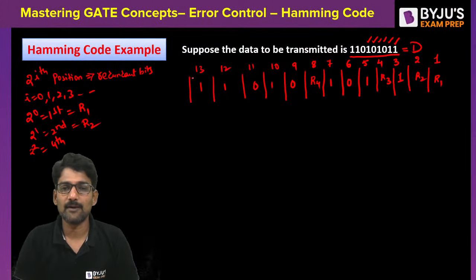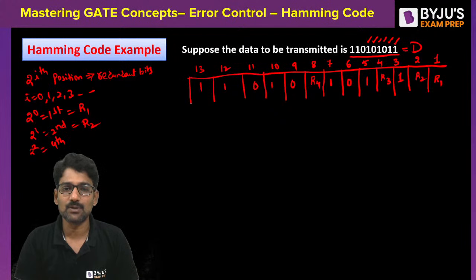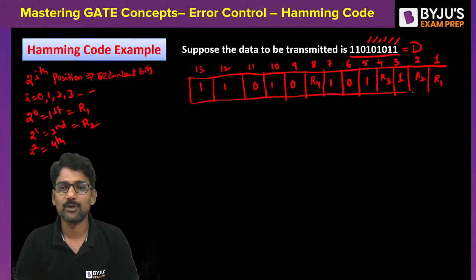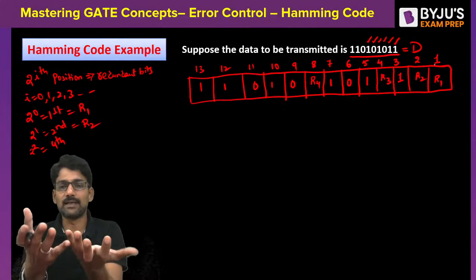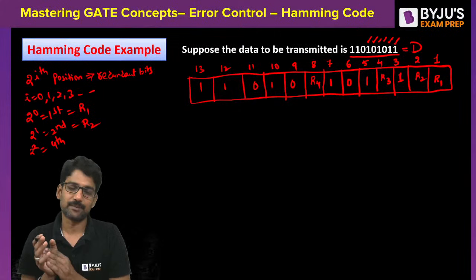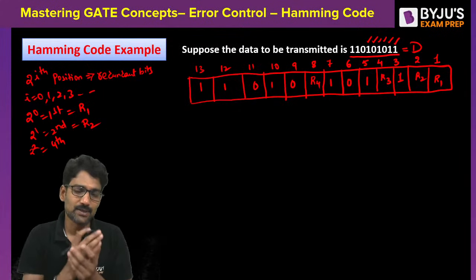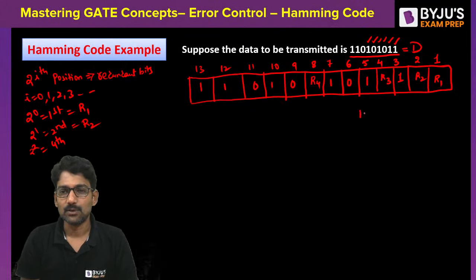If we had more data, expanding to the 16th position, we would have added another redundant bit position, but our data length demands only 4 redundant bits. So how many total positions do we have? 13.